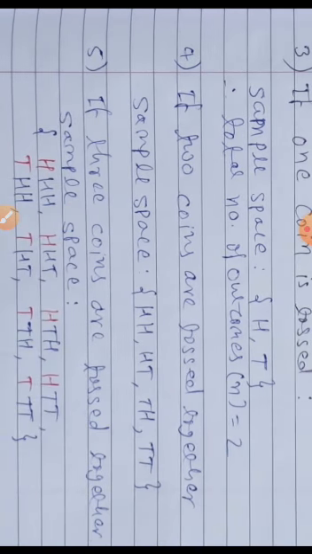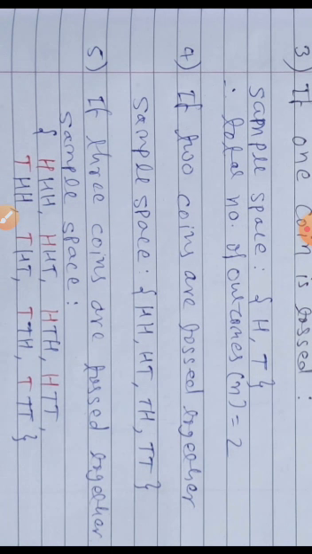If one coin is tossed, then obviously there is either head or tail. It is written as H or T, H for head, T for tail. So the total number of outcomes is n equal to 2. If two coins are tossed together, then just like two dice, at a time we have results on the first coin and the second coin.